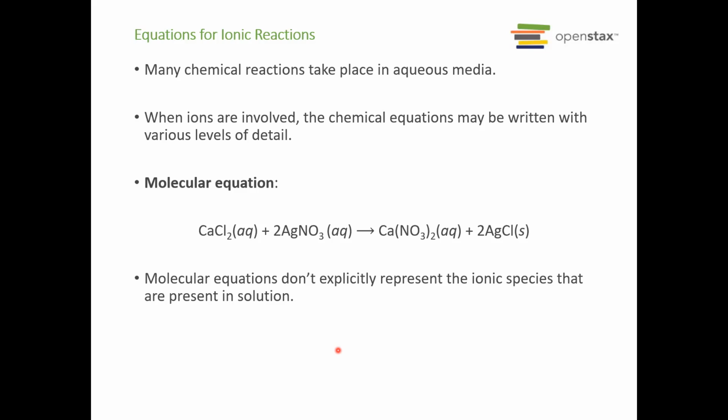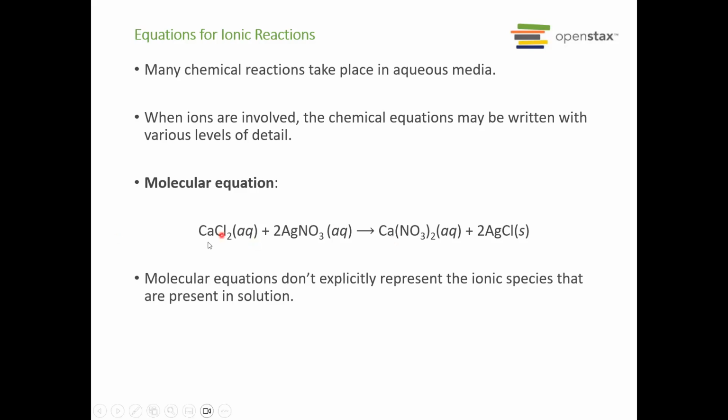But when we've got these substances in solution, what we have is no longer calcium and 2 chlorides actually combined, or a silver with a nitrate actually combined, or calcium with 2 nitrates on the right-hand side. What we're going to have is these ionic substances actually dissociating. So water kind of rips those molecules apart, and then we get positive ions and negative ions, and the water molecules essentially just surround those.